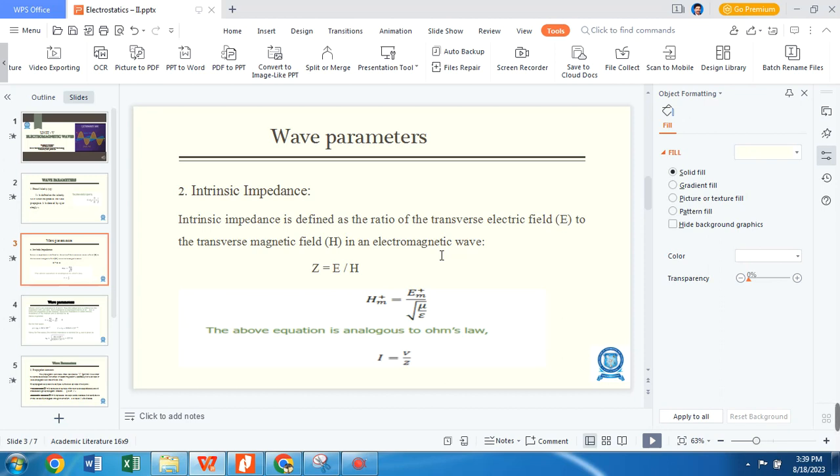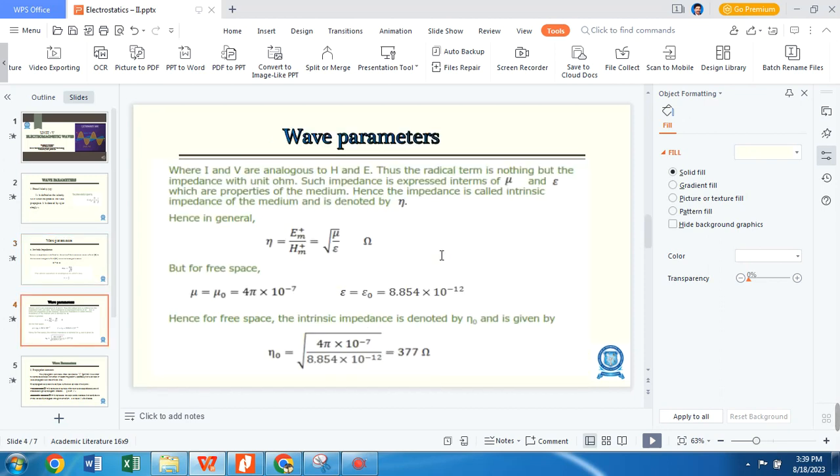Normally the above equation is analogous to Ohm's law, I = V/Z, where I and V are analogous to H and E. Thus the radical term is nothing but the impedance, with unit of ohms.